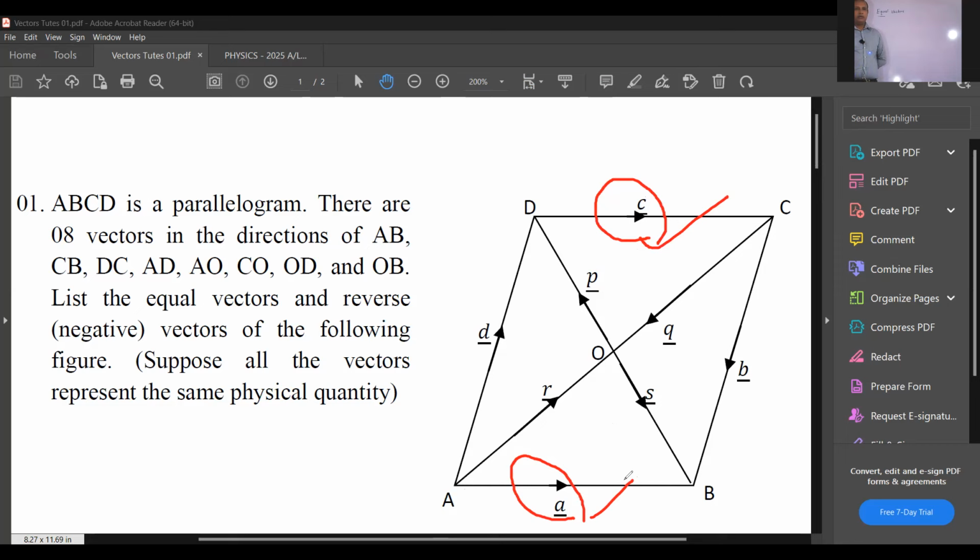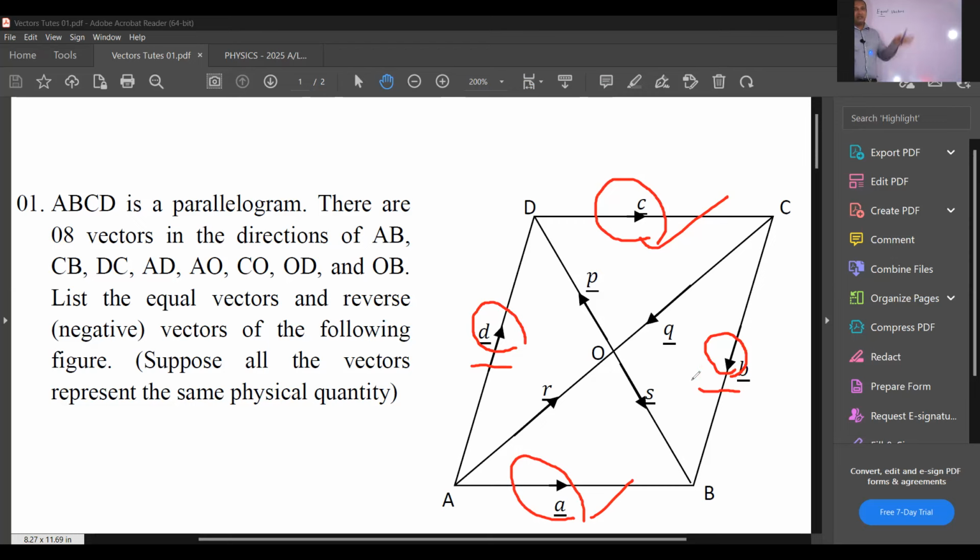Now consider the other two sides, because the other two sides are also equal, no? In a parallelogram, the other two sides are also equal. But look at this: the sides are equal, but the arrowhead directions are opposite, no? They are not equal.